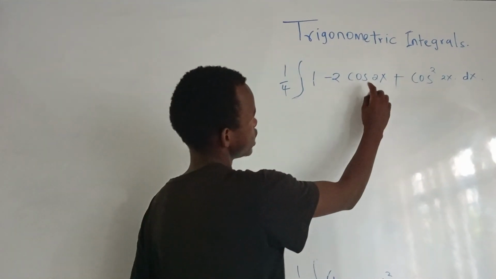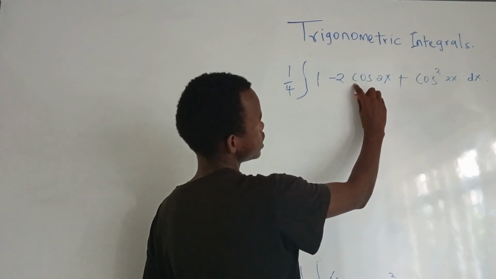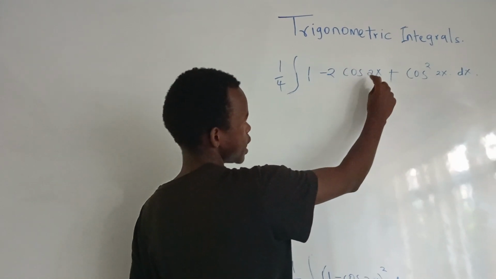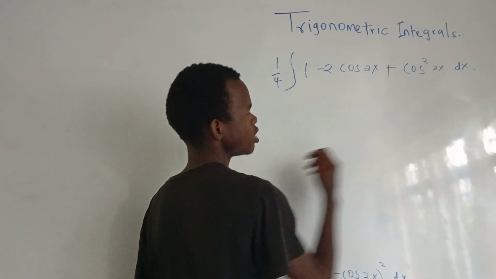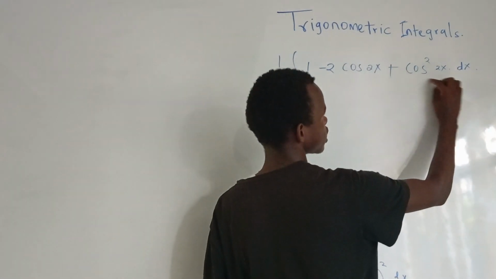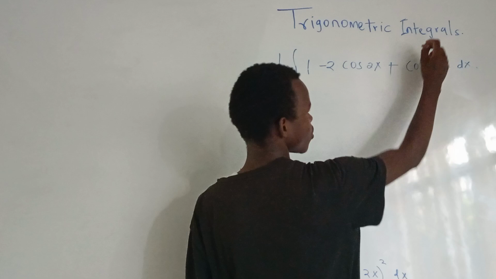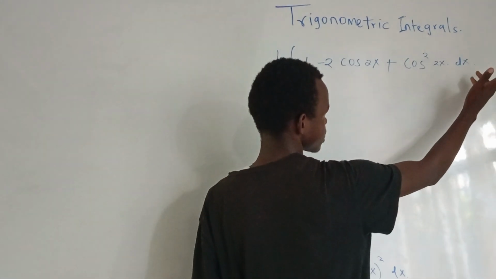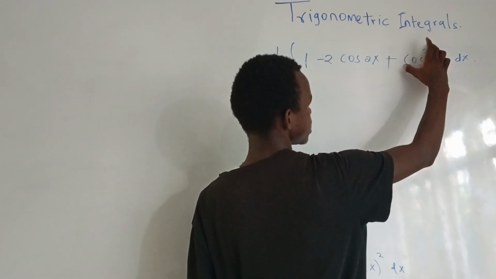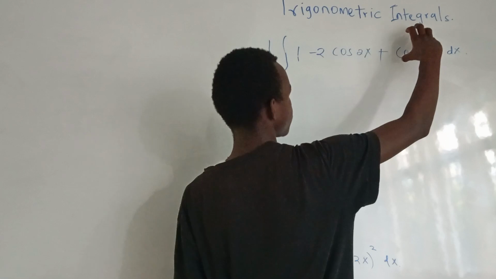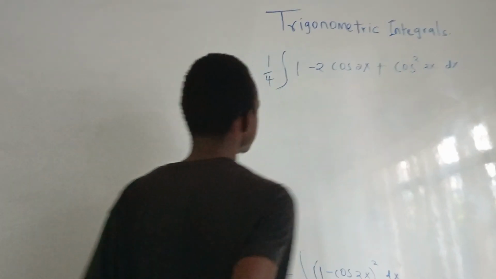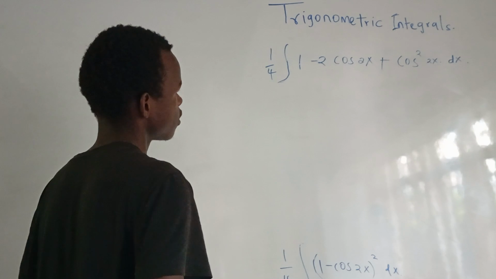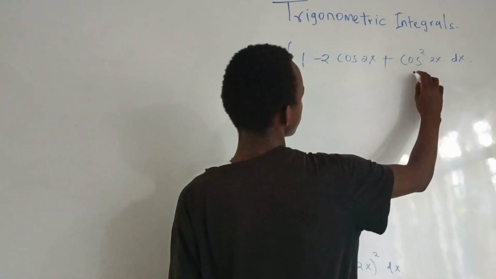And then here, we'll just integrate cos, we'll get sine. The argument remains the same, divided by the derivative of the argument. But from here, this is cos squared of 2x. So this is just the same as applying the reduction formula again.